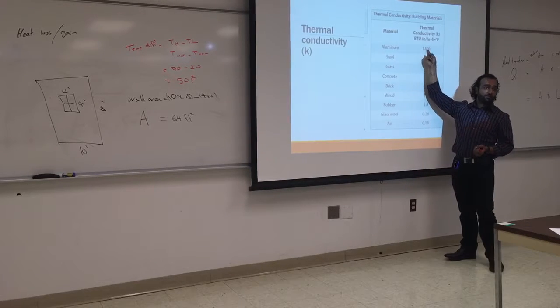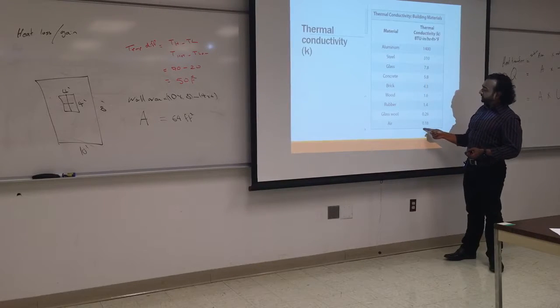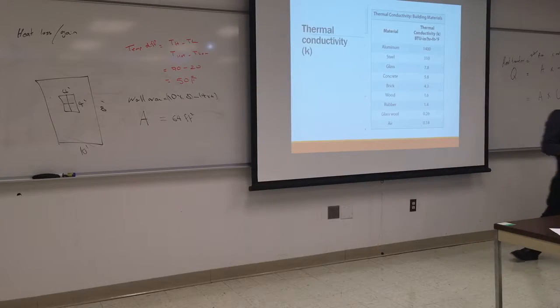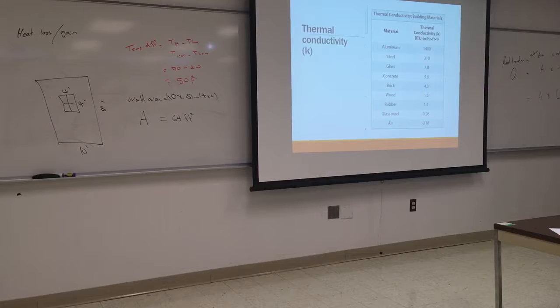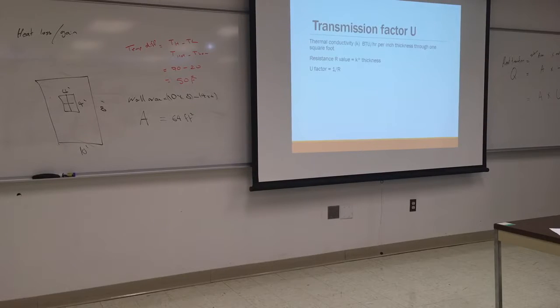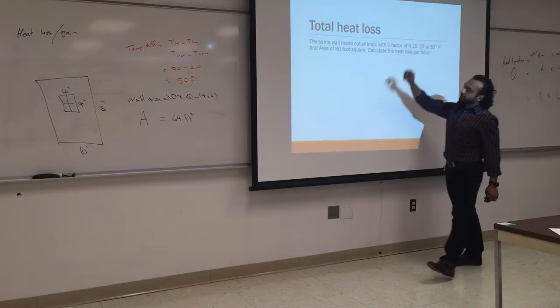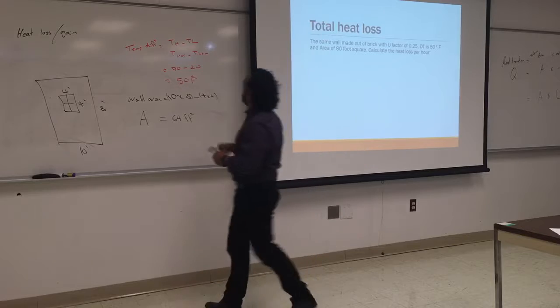Of course, aluminum is highly conductive, and air is not conductive. Long story short, thickness, and I got the U factor, which is 1/R, and I found my U factor here. I'm not going to calculate it, I'm just going to give it to you.